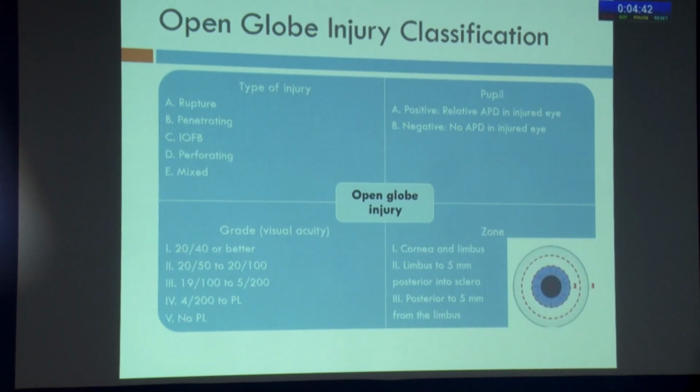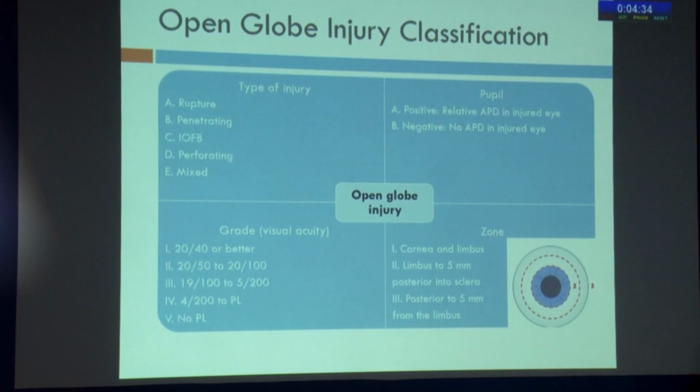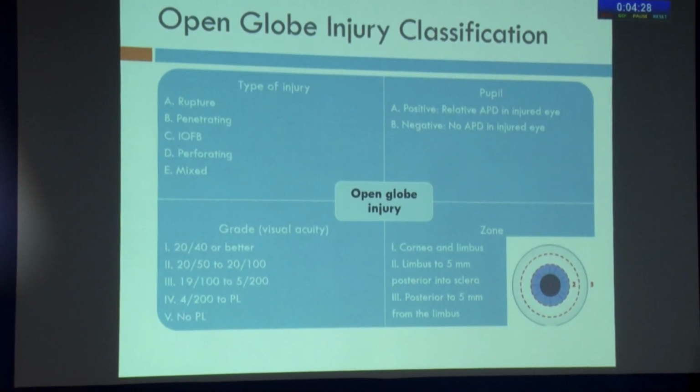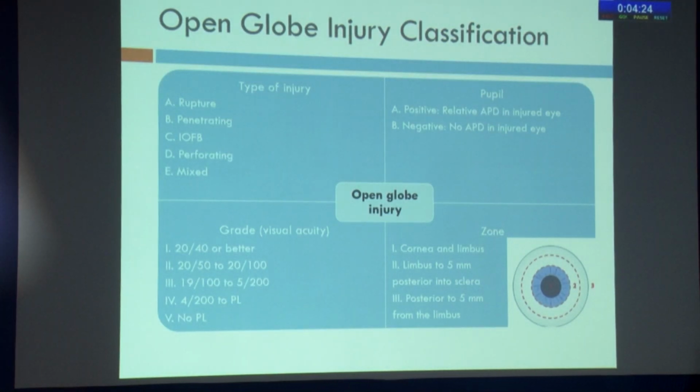Similarly, for the classification of open globe injury, there are again five types. Type A is rupture, type B is penetrating injury, type C is intraocular foreign body, type D is perforating injury, and type E is mixed. Regarding the zone of injury, zone 1 involves the cornea and limbus, and zone 2 involves the limbus to 5 millimeters posterior on the sclera.